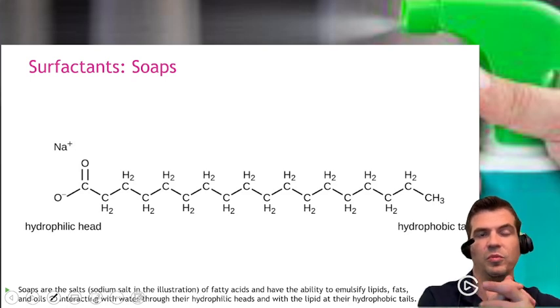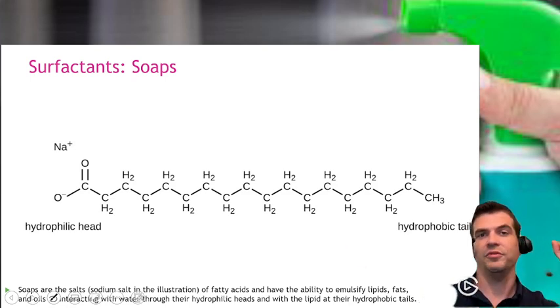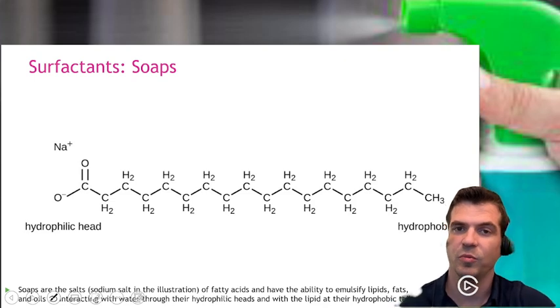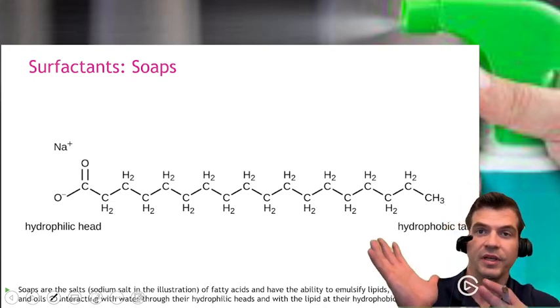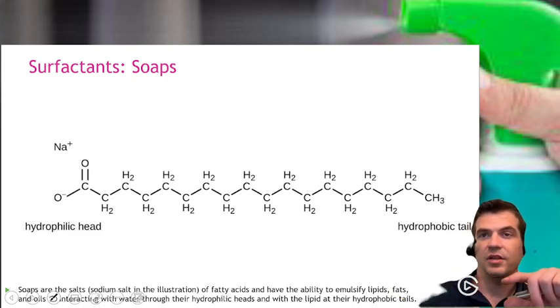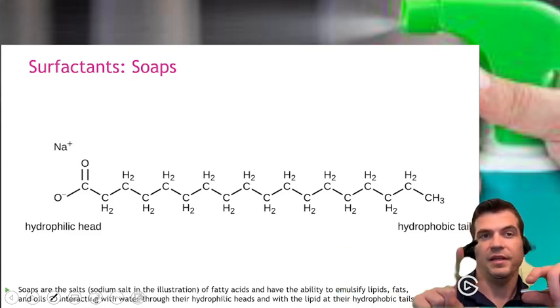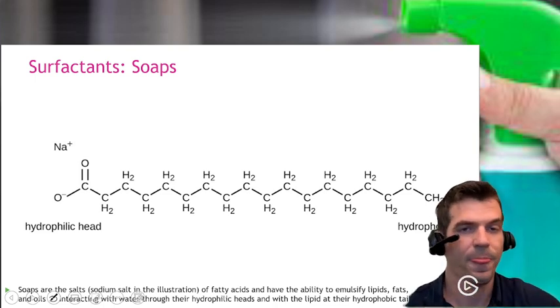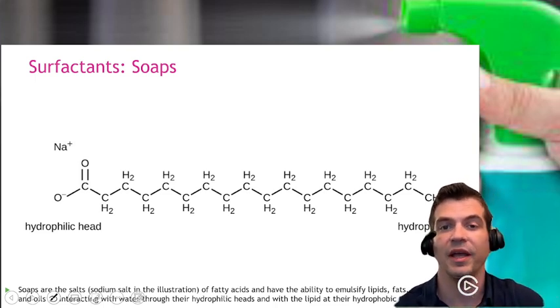Okay, soap will help against the grease, and we can also take away things like salts and other normal debris using our hydrophilic head, and that's why soap works so well. It's just going to carry things away with it using the charge over here and the fact that this is not charged over here.